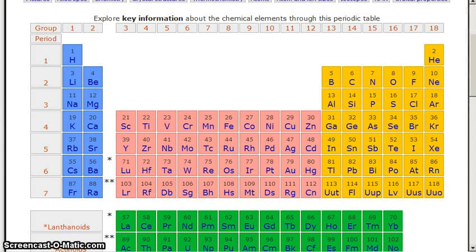Let's pick something a little harder. How about fluorine? All right, a fluorine atom has 9 electrons. So let's count. We have 1s1, 1s2. So let's go back and write that on our paper.